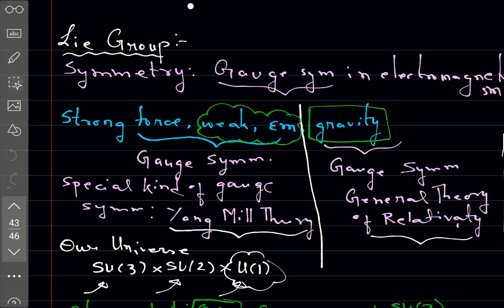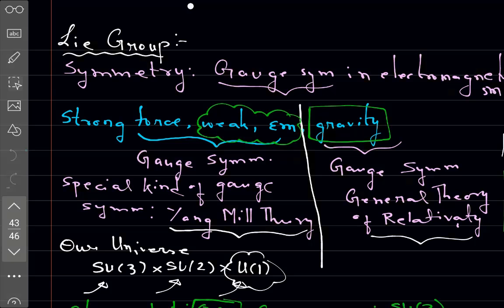The whole idea of group actually comes in when you can write a quantum field theory type of thing for these forces. So when you build a theory based upon the idea of quantum field theory, and we were recently discussing how Feynman tried to write gravity in terms of a field theory model, right?